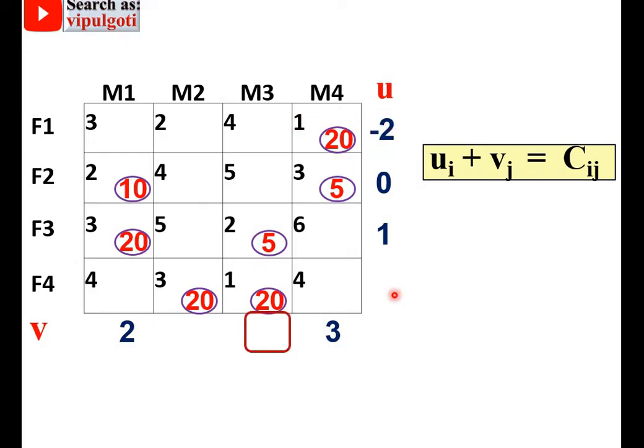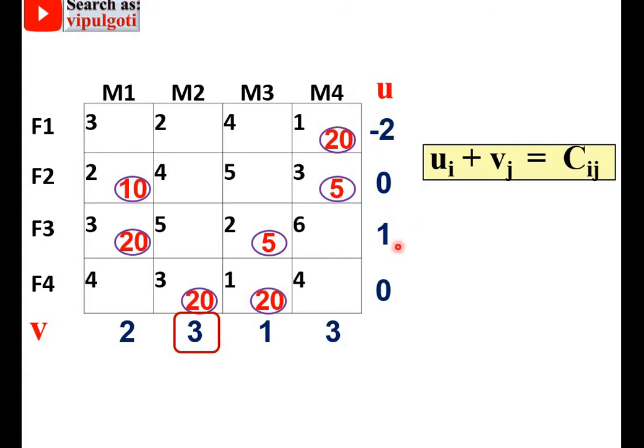Next, Ui plus Vj is equal to Cij. So it should be 1. Very simple, Ui plus Vj must be equal to Cij. You can check it also. Next, Ui plus Vj is equal to Cij. So it should be 0. Next, Ui plus Vj is equal to Cij. So it should be 3.